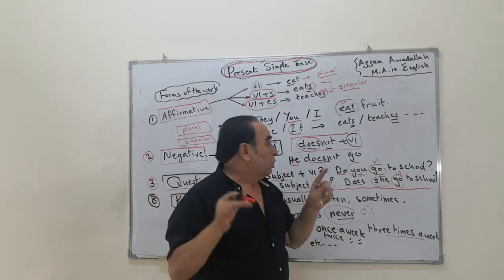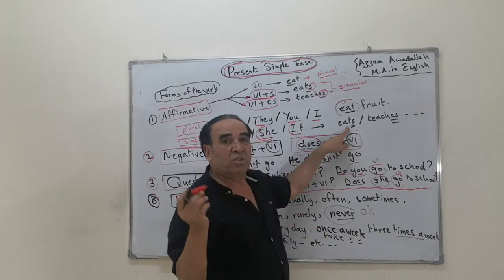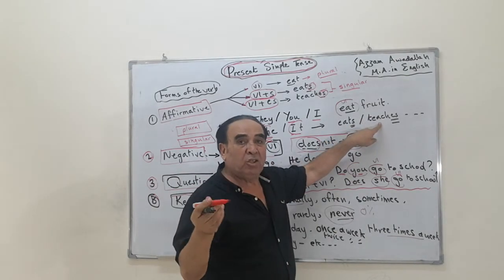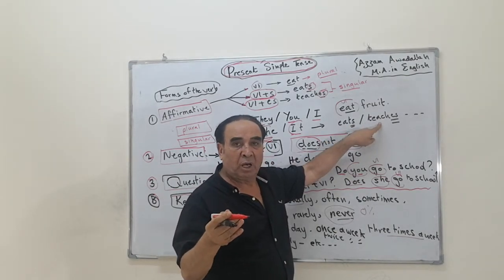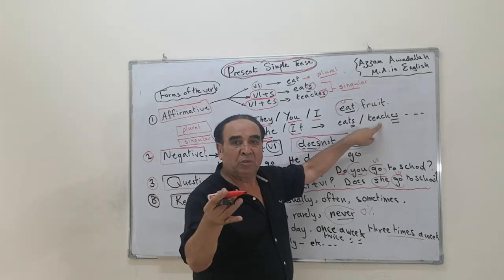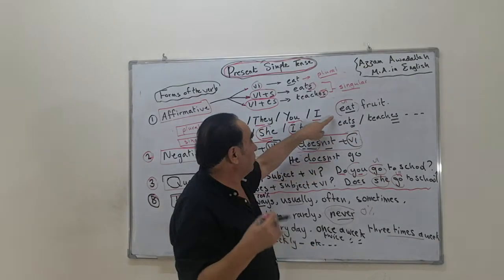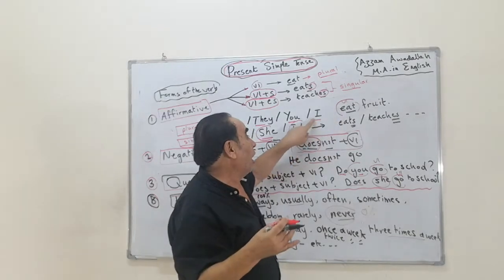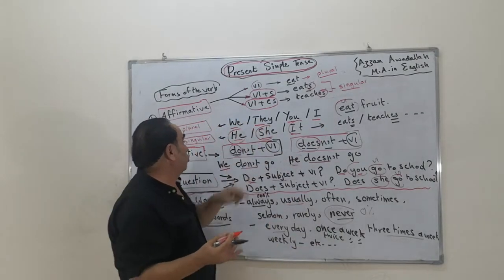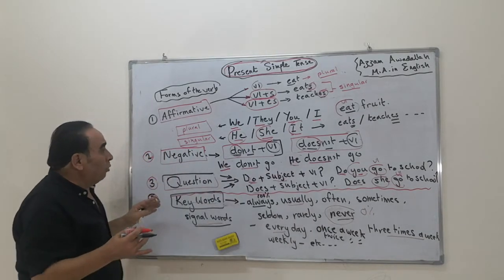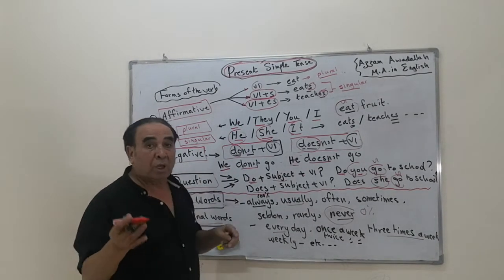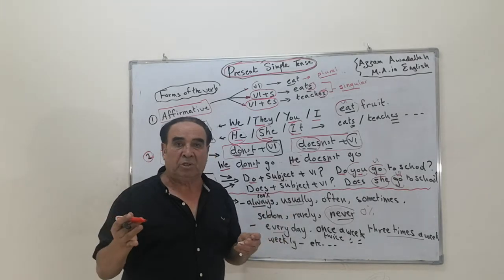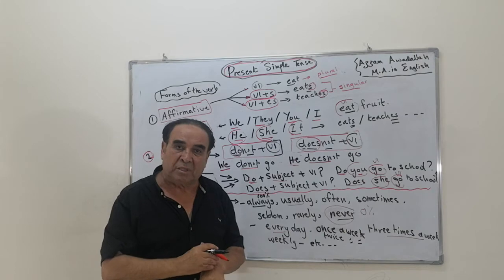He eats, she eats, it eats. He teaches, she teaches, Ahmed teaches, Sam teaches. But if I use the base form, verb 1, I eat, you eat, they eat, we eat. Good. Now I'm going to talk about the function and give you examples of the present simple.